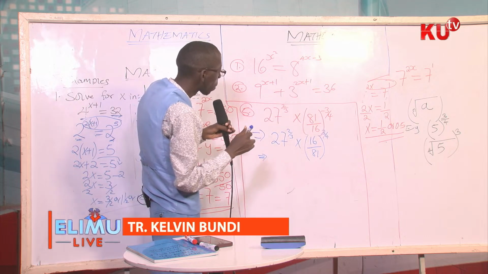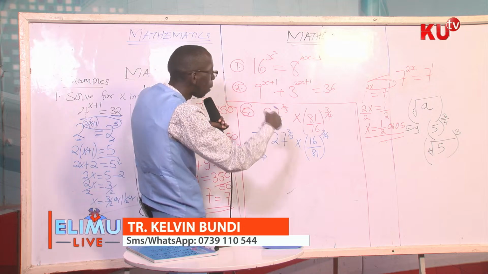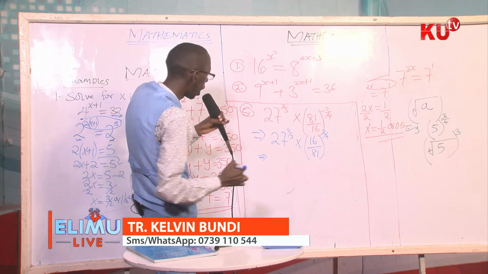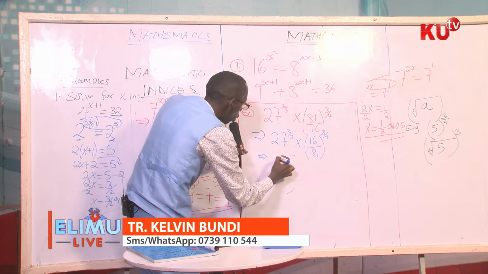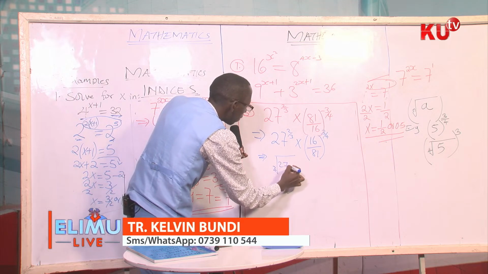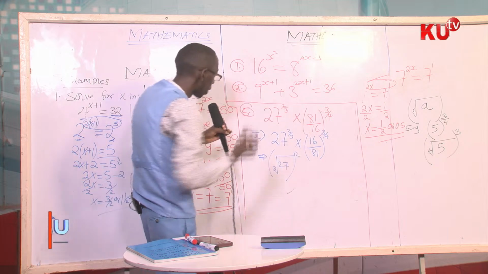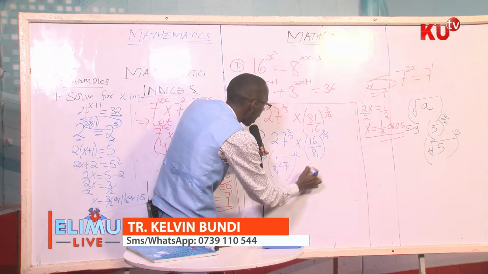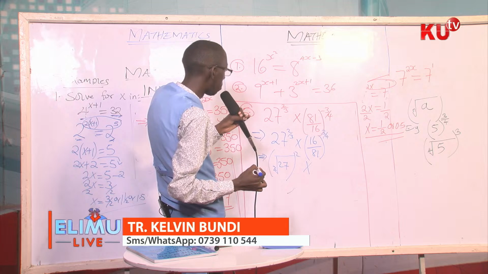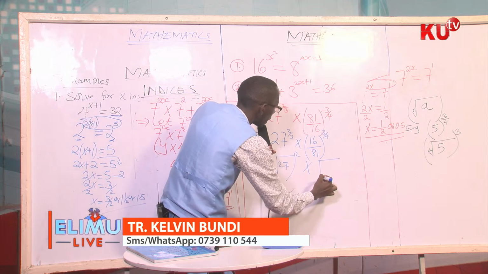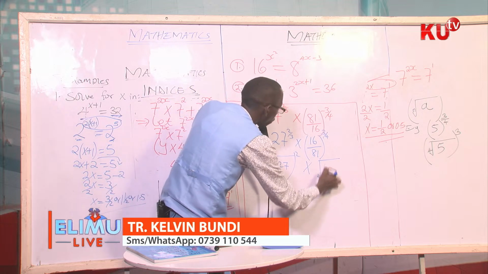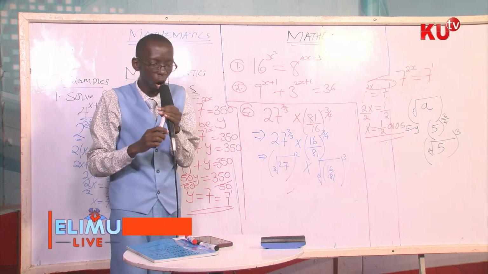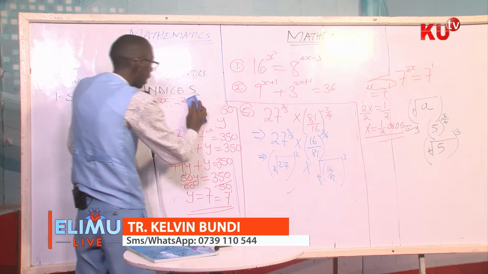Remember, the denominator is the root, and the numerator is the power. So it is the cube root of 27 to power 2, multiplied by the fourth root of 16 over 81 to power 3. That is a law of indices that we have applied.